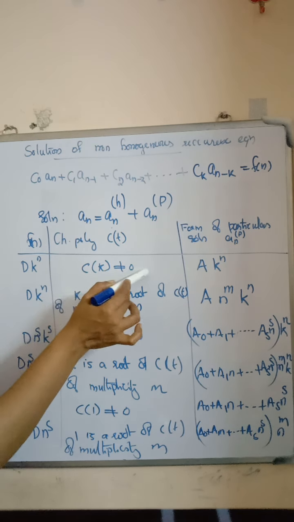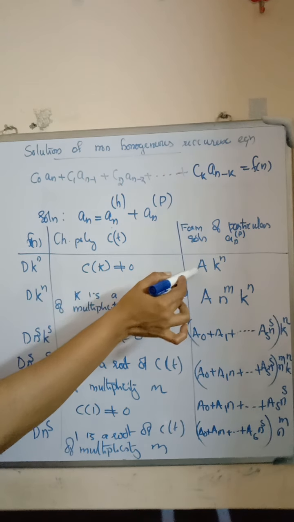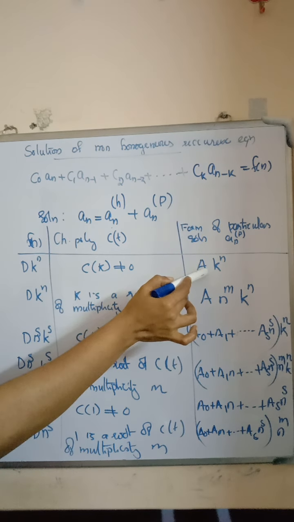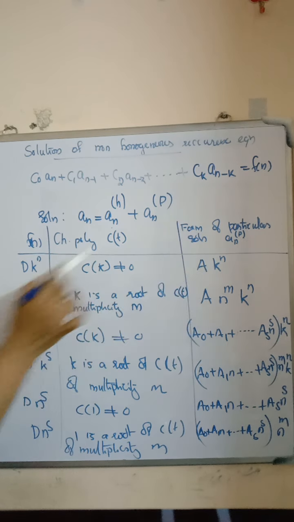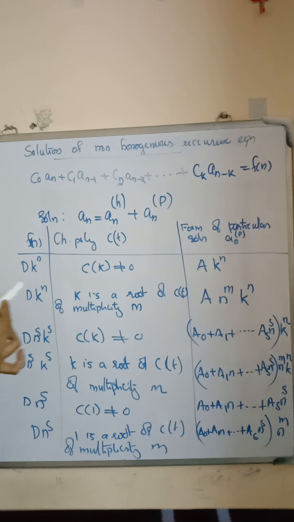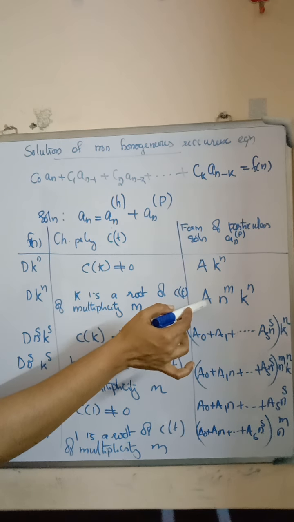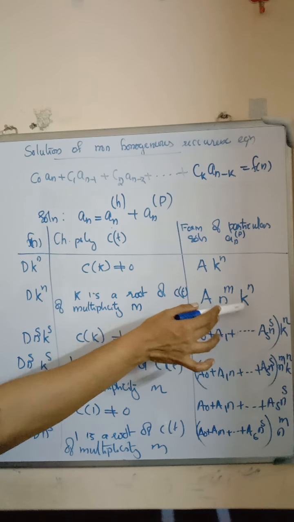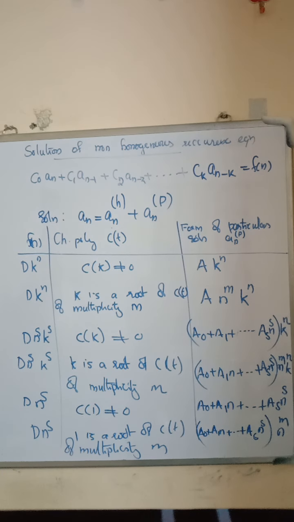If k is not a characteristic root, then the particular solution is of the form a into k raised to n. If k is a root of the characteristic polynomial with multiplicity m, then the particular solution is a n raised to m into k raised to n.